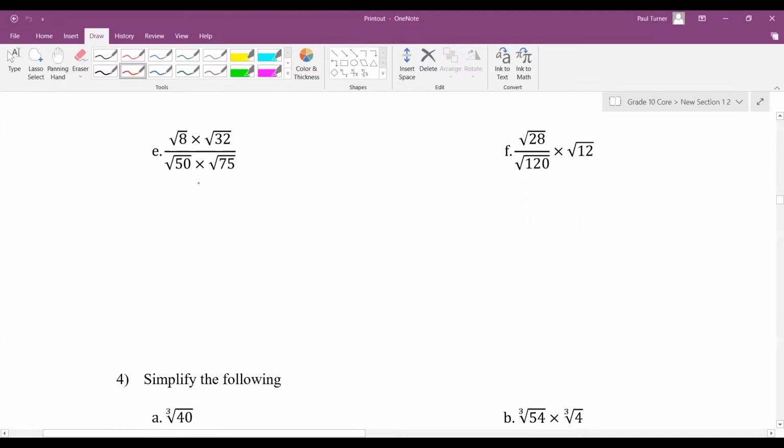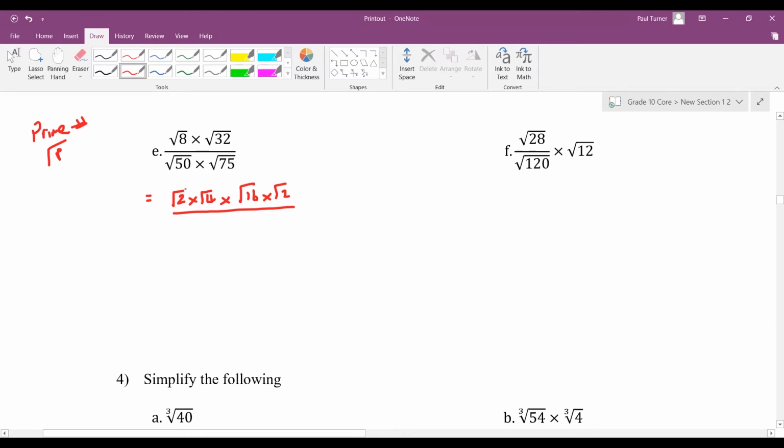Okay, so for question E, we break all of these numbers down to smaller numbers. So we always try to get prime numbers under the root, a root prime number, if possible. Okay, so root 8 was root 2 times root 4, root 32, root 16 times root 2.